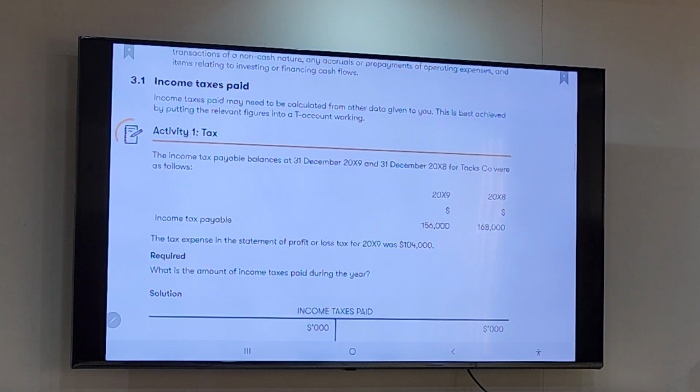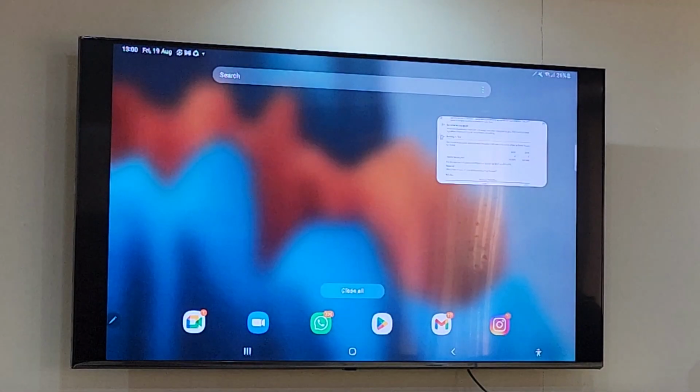Income tax payable. When they say the word payable, it means liability. So we will open the T account.